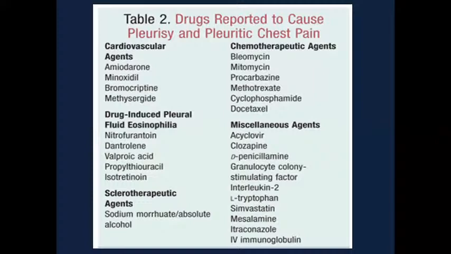Valproic acid is an agent we use for epilepsy, and isotretinoin, propylthiouracil, which is used in thyroid disease.